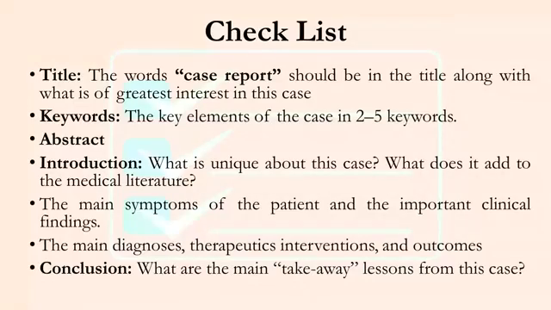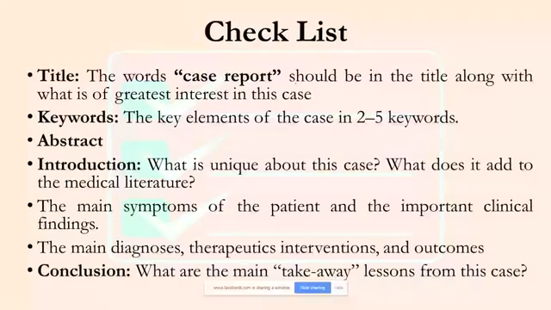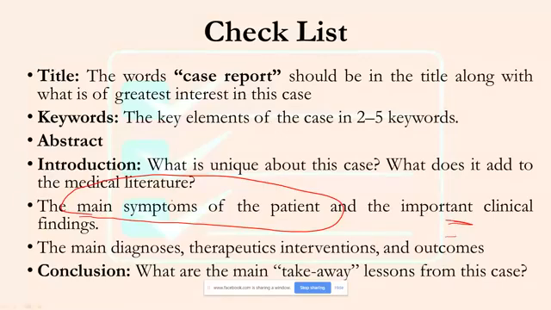But yes, we would like to report a case of cancer, and how the cancer is being treated in conventional medicine and how it is being treated and reported in homeopathy. The main symptoms of the patient and the important clinical findings. Now, this is what we learn as homeopathy: the main symptoms of the patient, the important clinical findings.